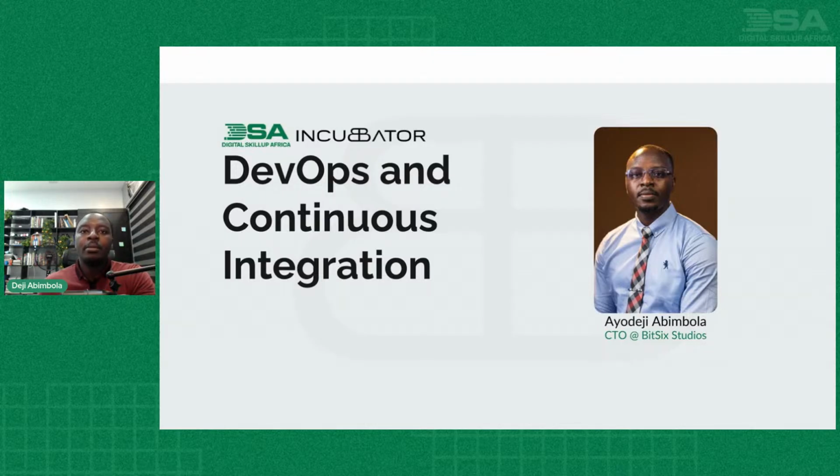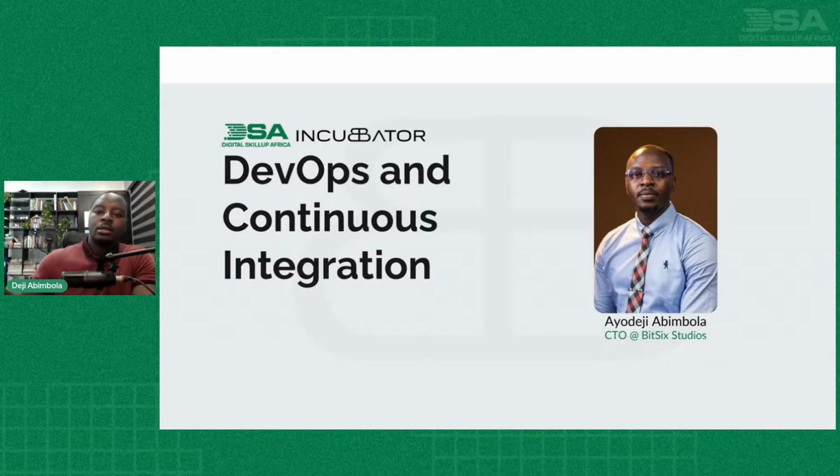So today, like I mentioned, we'll be looking at DevOps and what CI/CD is all about. But before we go into that, I would like to do a quick recap of our class last week, as those classes will be a foundation to what we'll be doing today, or some of the artifacts from that class, which is the backend repo and the front-end repository that we had from those classes.